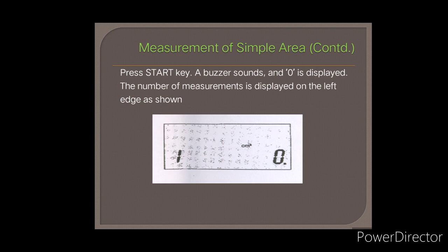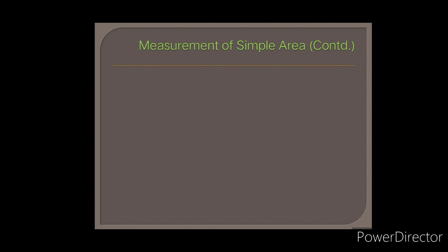After the measurement completes, 1 will be displayed, that is, one measurement has been completed. 0 is nothing but previously completed areas, and 1 is how many areas have been measured after starting up the instrument, like that you will be getting the cumulative. This is a simple way.